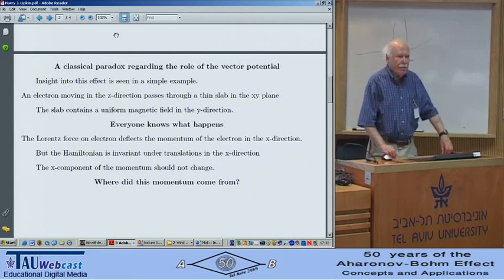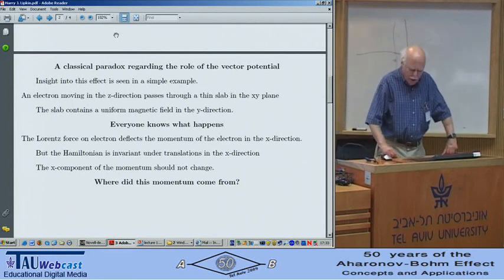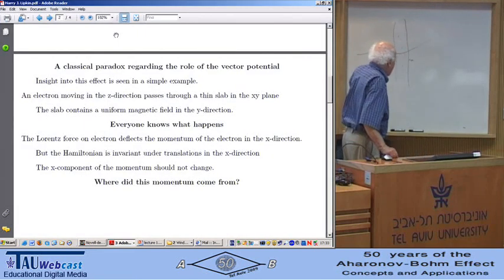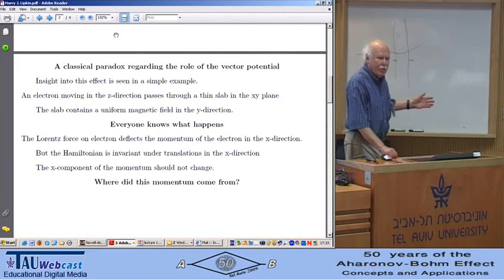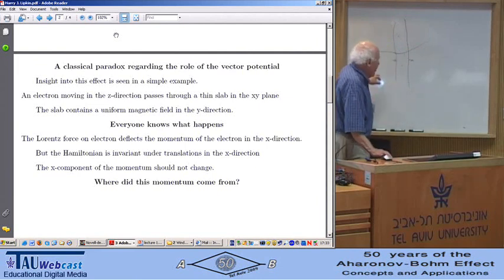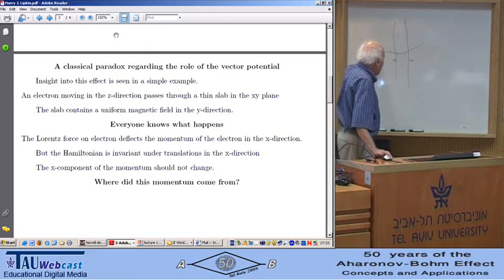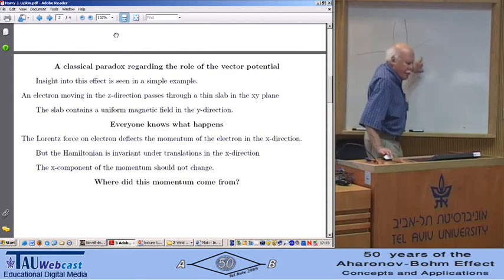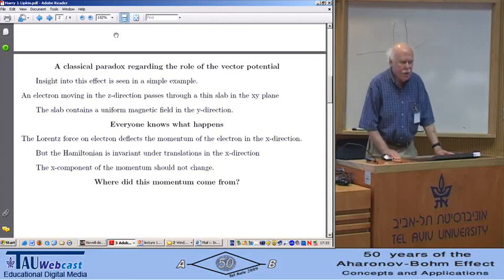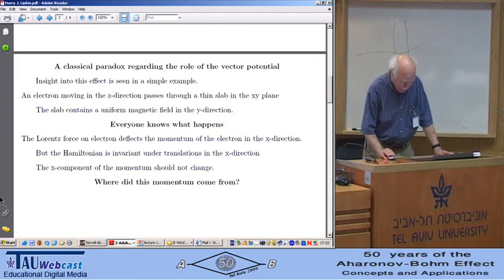So the momentum in the y direction has to be conserved. But it manifestly is not conserved in the motion of the electron, because here the y component of momentum is 0, and there it is finite. So where does this extra momentum come from?